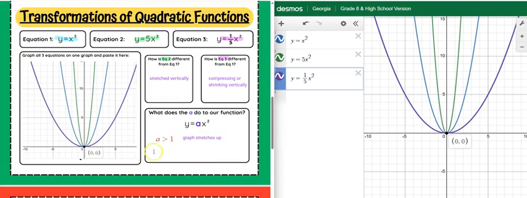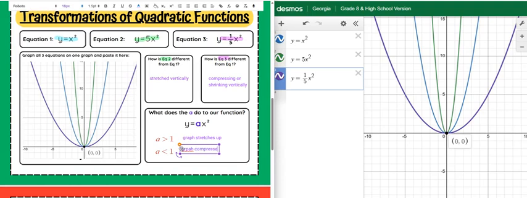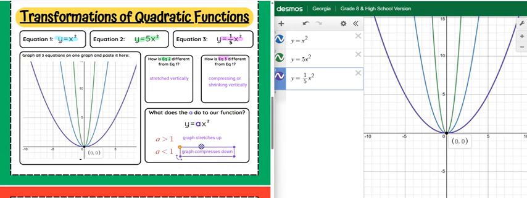If A is less than 1, then our graph compresses down. All right, so that's what it does. It either stretches up or it compresses down.